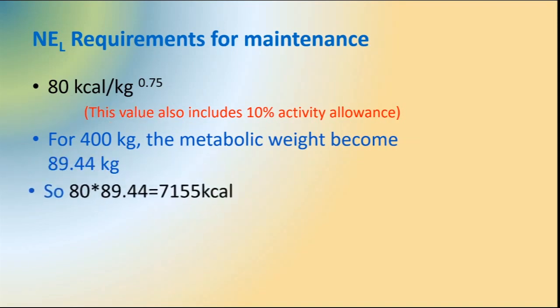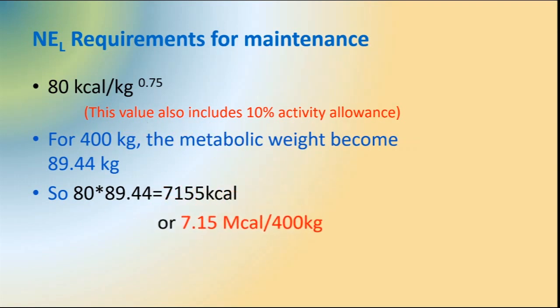Simply multiply 80 with 89.44, and we get the value of 7,155 kilocalories. This is the amount of net energy required by that particular animal of body weight 400 kg on a daily basis. Or we can convert it into megacalories, simply dividing by 1000. So 7.15 megacalories of net energy for lactation is required for a 400 kg animal.